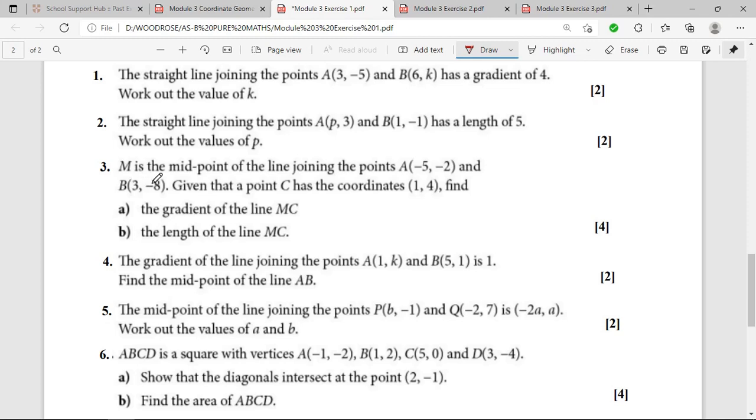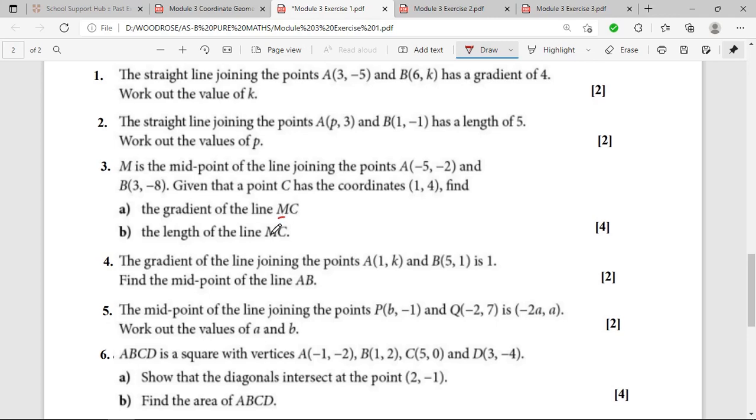So M is the midpoint. Given that C is this coordinate, find the gradient of MC. So what we really need to do here is to find the point M. After finding the midpoint of A and B, you are going to have the midpoint M. Then you find the gradient with C.